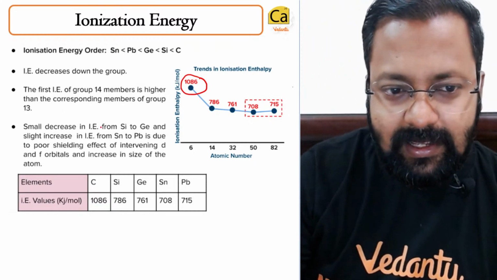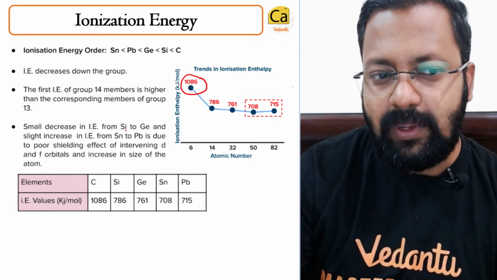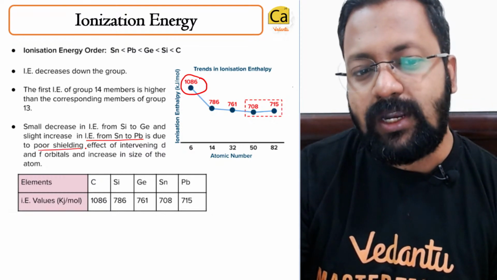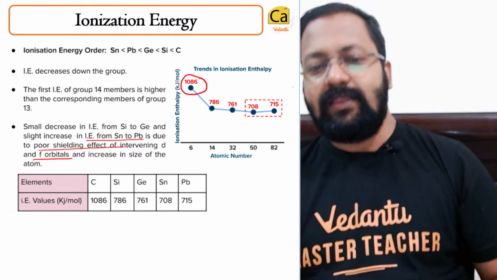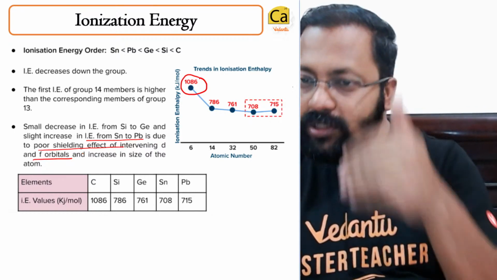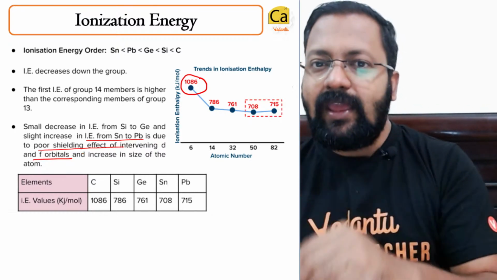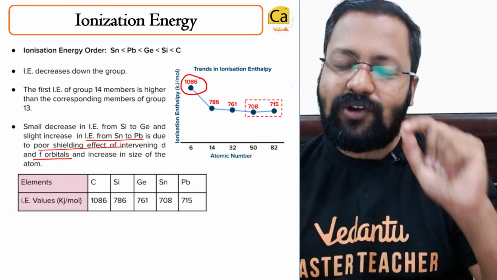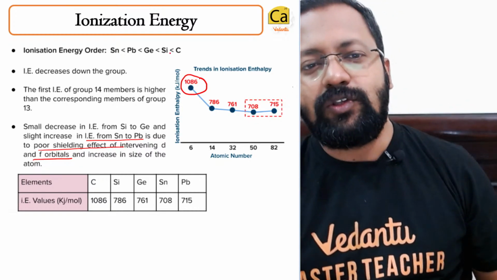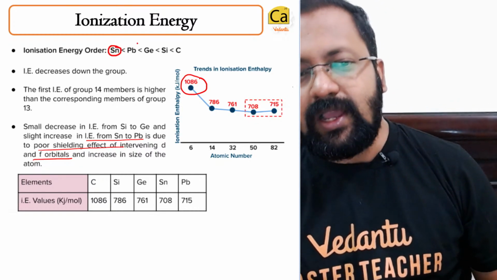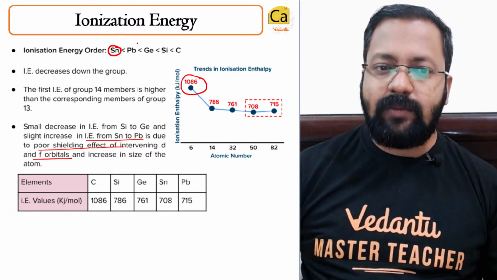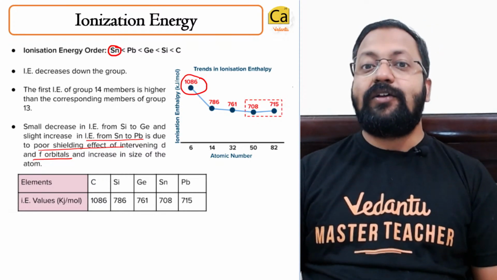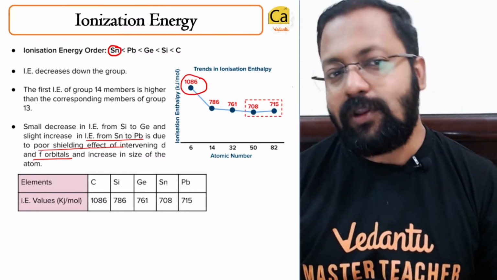So small decrease in IE from silicon to germanium and slight increase in IE from tin to lead is due to poor shielding effect. So the moment we go to lead, because of the poor shielding effect, the effective nuclear charge is slightly higher, and so removing the electron becomes a little more challenging. So that is the reason tin becomes that element which has the smallest ionization energy.